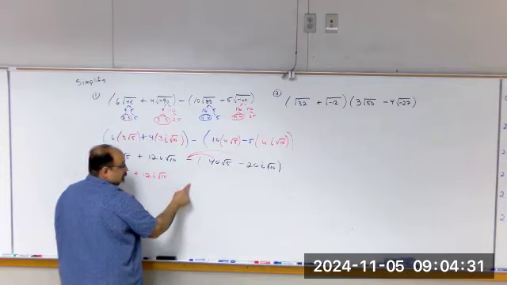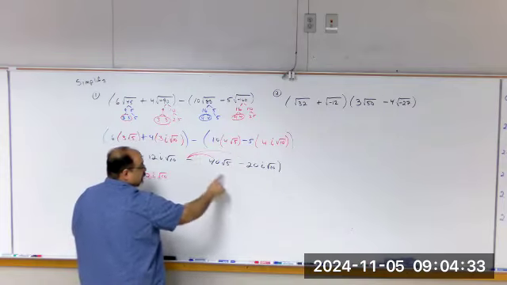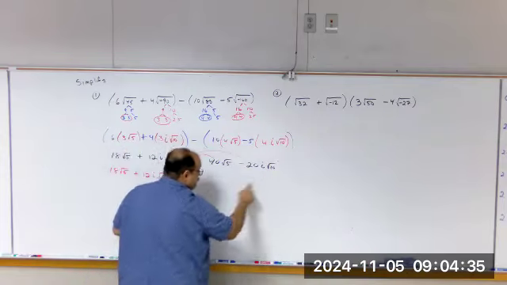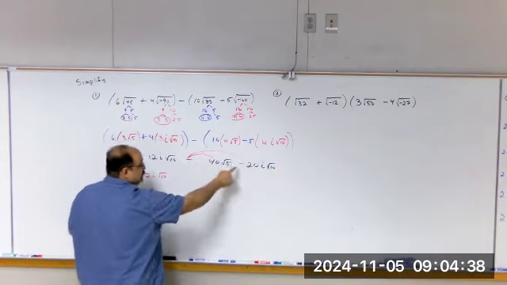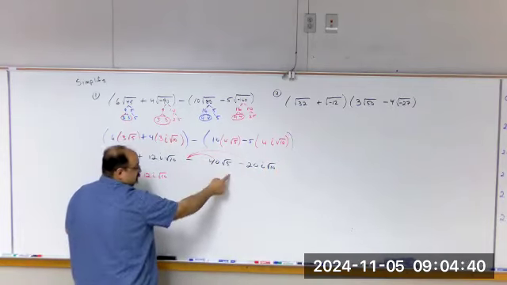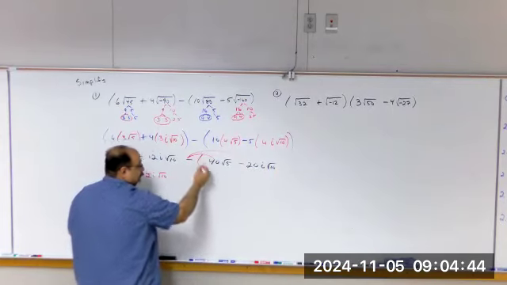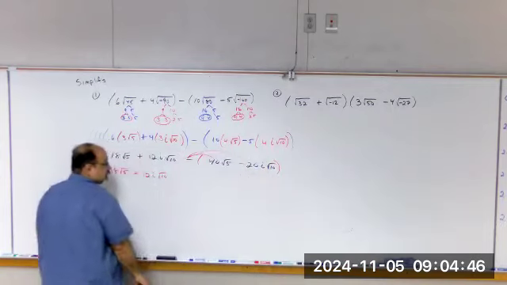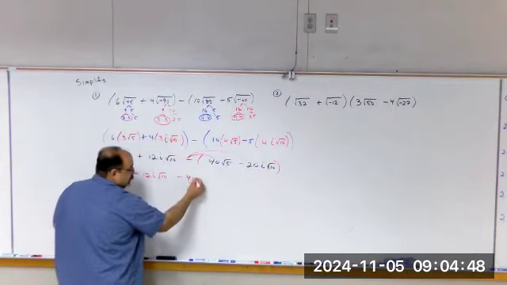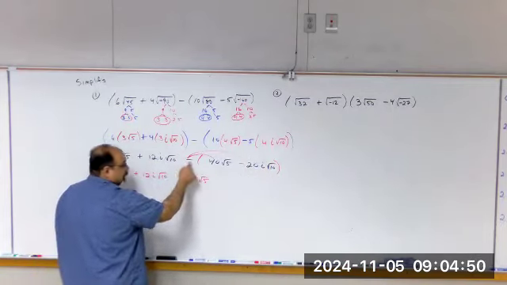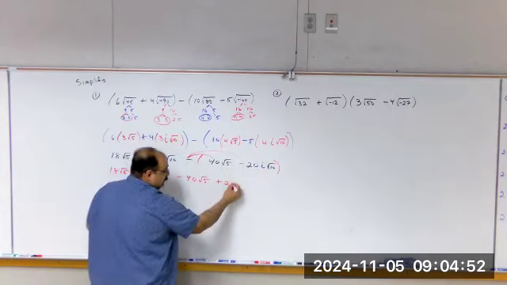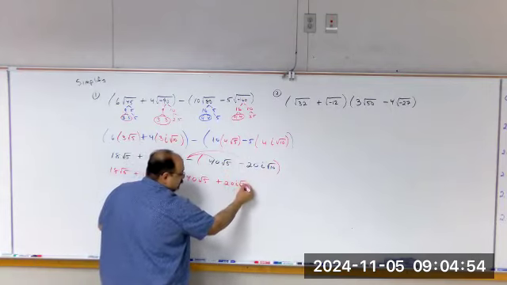But if you don't bring the parentheses down, you just skip that step, you're not going to distribute without the parentheses. So until you distribute, you need the parentheses. So this is minus 40 square root 5, minus a negative, that's plus 20i square root 10.